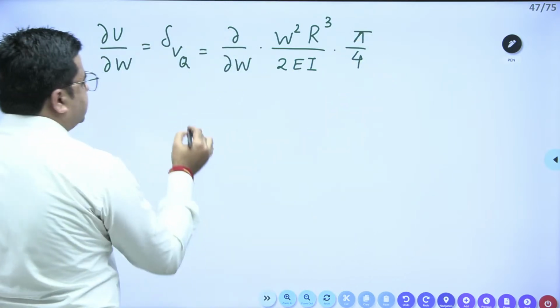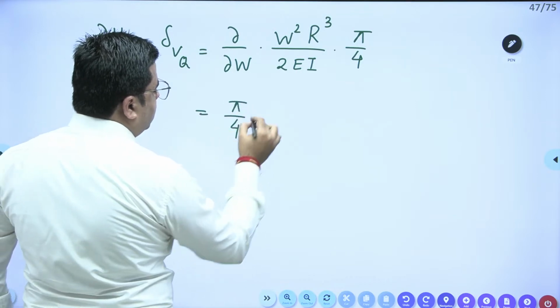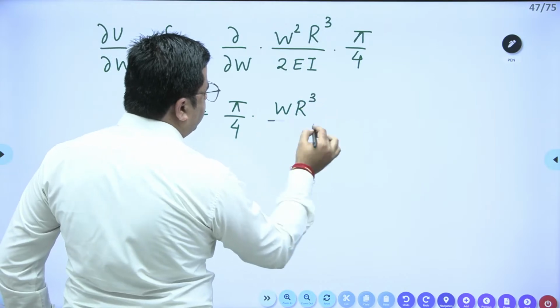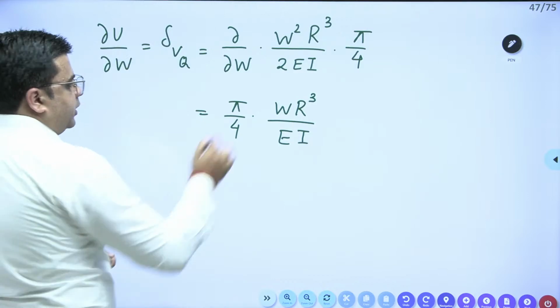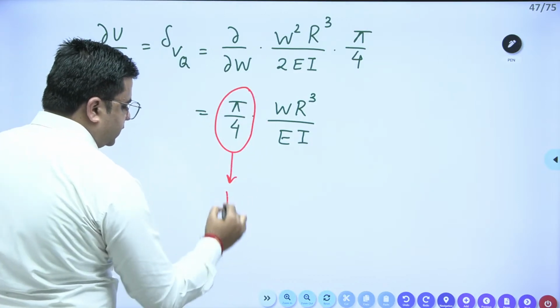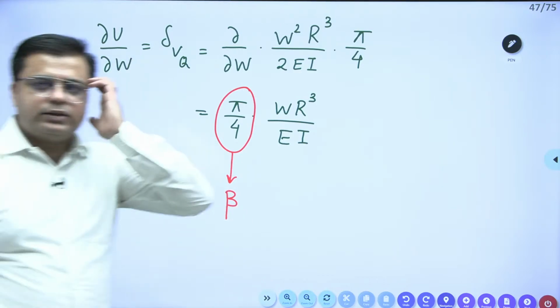So when you differentiate it, you will have pi by 4 into WR cubed upon EI. So when you compare the expression, this is the value of beta which is asked in the question.